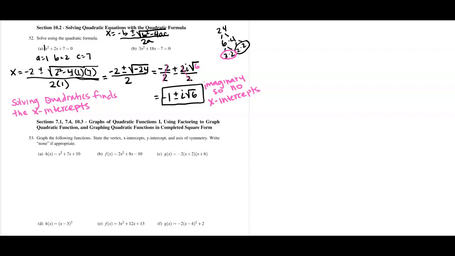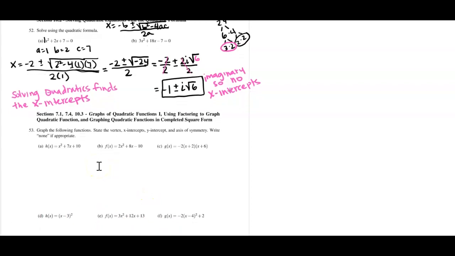Okay. All right, so let's probably do one of these on 53. I'm trying to think which one I want to do here. Is there any of those that you'd like me to work through more than the others?